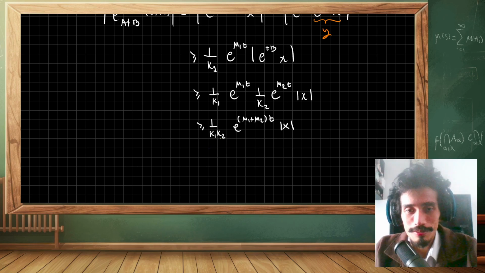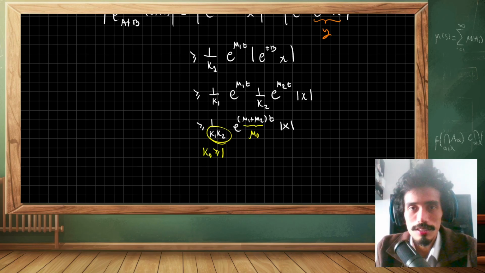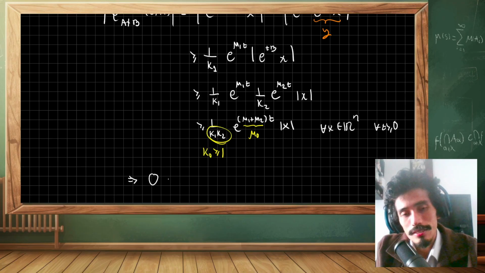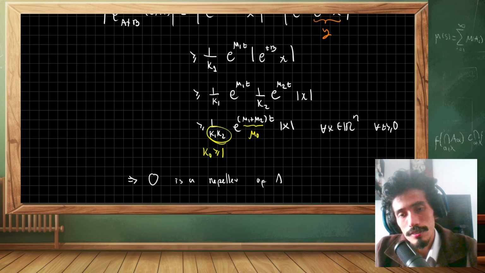So yeah, this is more or equal than 1. So we can call this k0, and this is positive, which is mu0. Then by definition, this holds for every matrix, for every vector, and for every positive t. So this implies that the origin is a repeller of the sum of these two matrices.